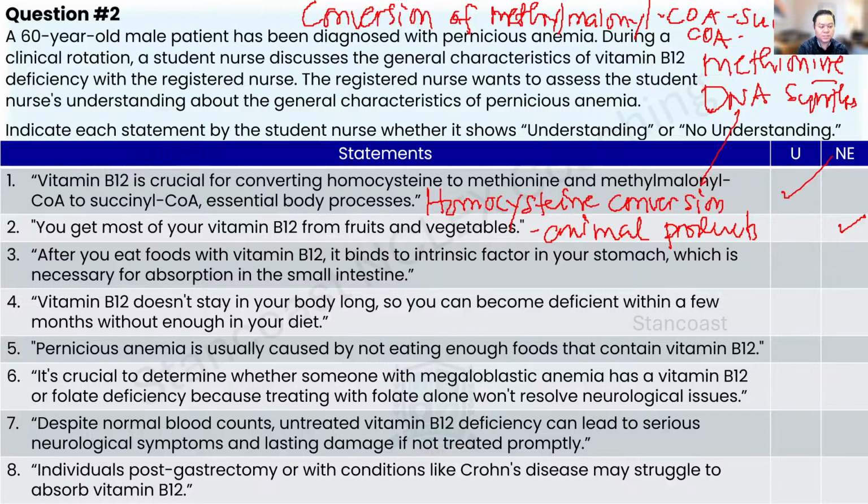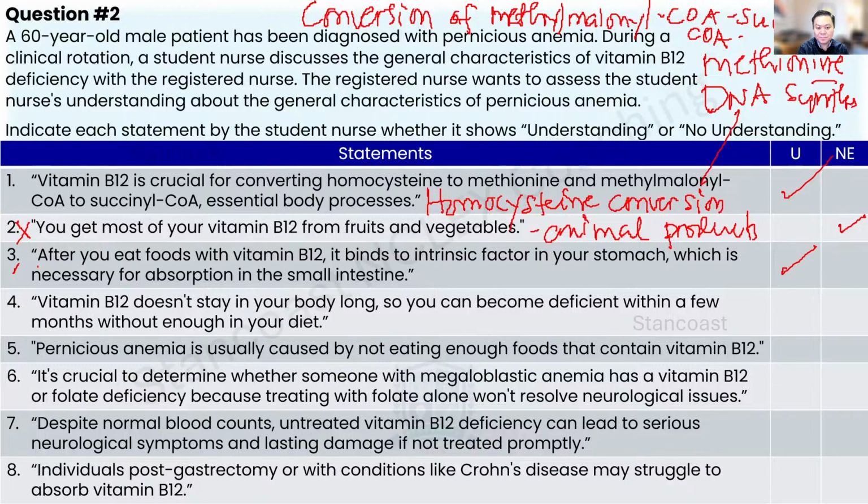So this is wrong. Number 3, after you eat foods with vitamin B12, it binds to intrinsic factor in your stomach, which is necessary for absorption in the small intestine. Yes, that is correct. It is showing understanding.